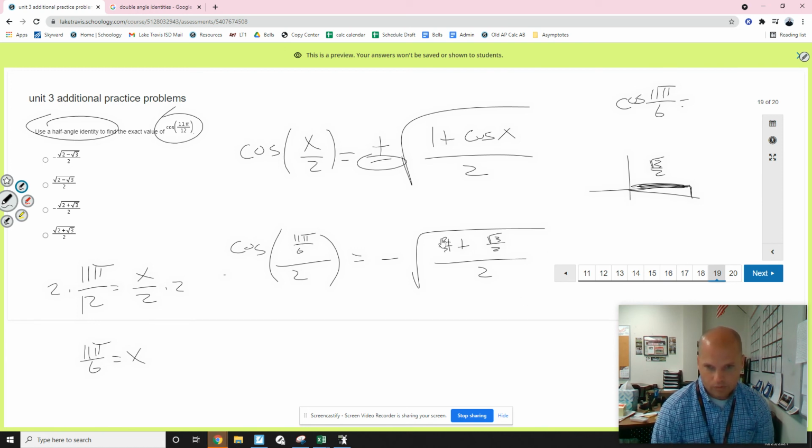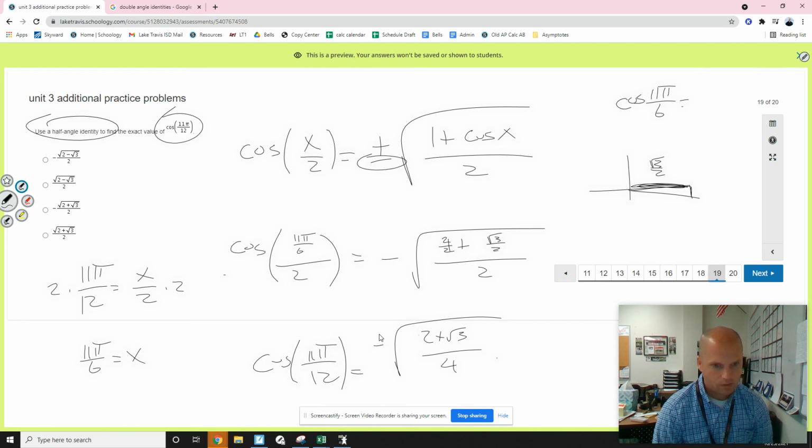I'm going to take this, turn it into 2 over 2, and make this a 2 plus root 3 over 2 divided by 2. That's the same as multiplying by a half. So I'm going to just turn this straight into 2 plus root 3 over 4. And that's what the cosine of 11 pi over 12 is.